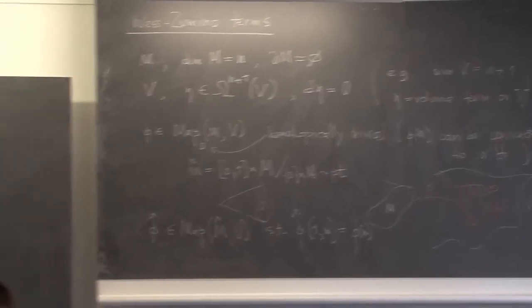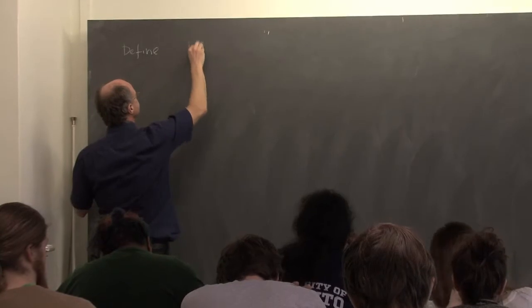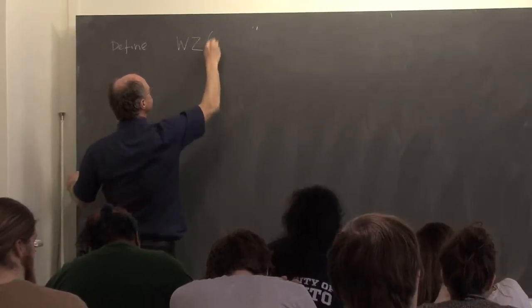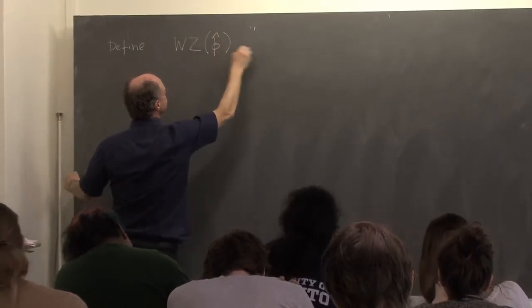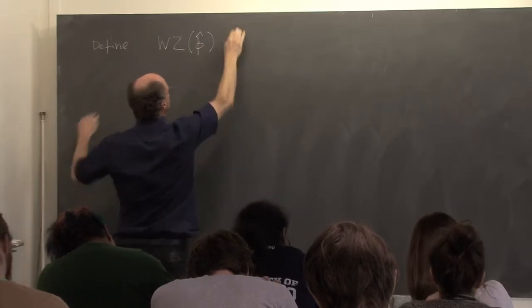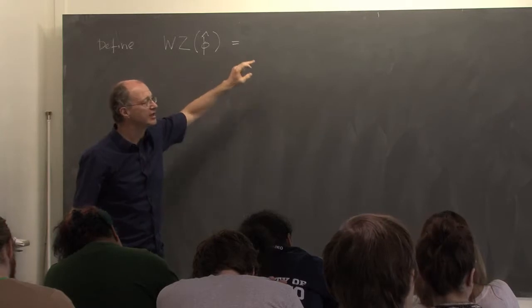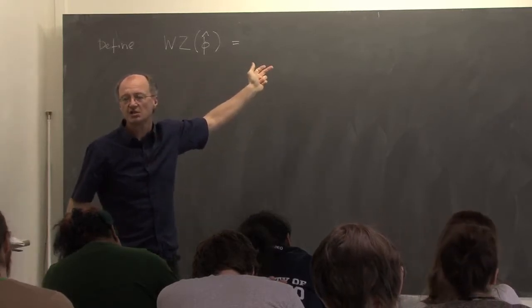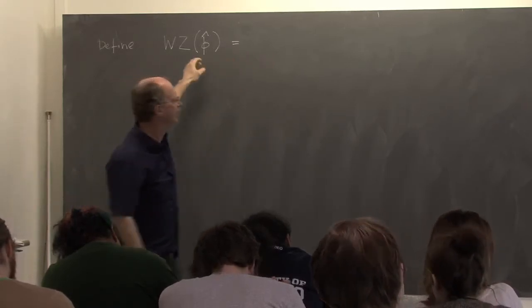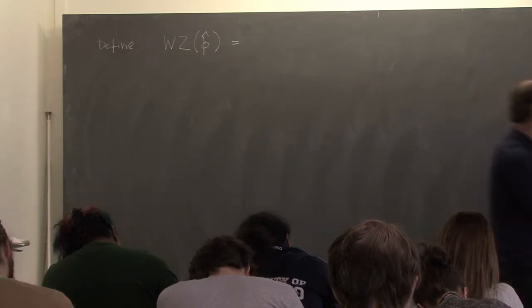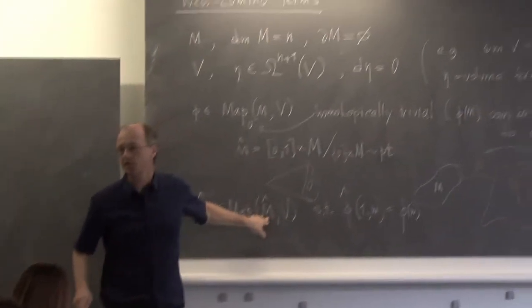So let's define a functional WZ, for Wess-Zumino, of phi hat, and that would do exactly as I did before. Right now, we can say that M hat is of dimension n plus 1.